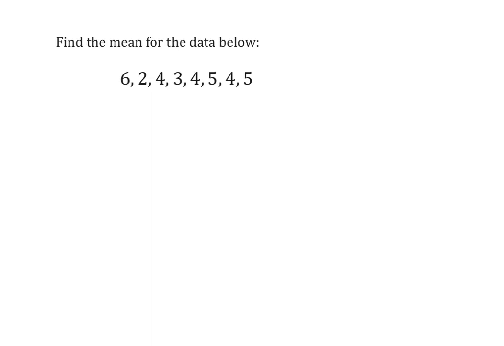So we have an example where we've got to find the mean for the data set. The first step is going to be to work out what is the sum of all of the scores. To do that, I need to add them all together. So it's going to be 6 plus 2 plus 4 plus 3 plus 4 plus 5 plus 4 and plus 5.